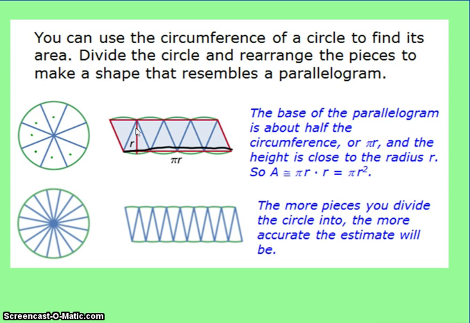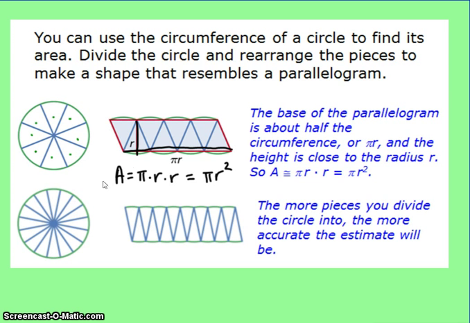Then this height right here is the height of the radius. So to find the area of the parallelogram, you would need to multiply pi times r times r. So the area of the parallelogram is pi r squared. So we have that the area of a circle is pi r squared.